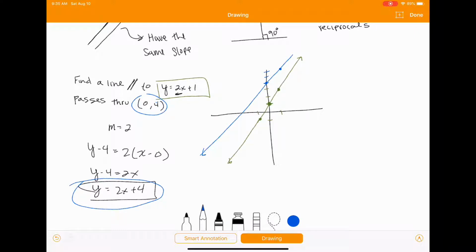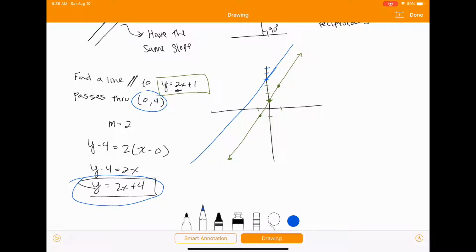So as you can see, if I could draw to scale, if I could draw straight lines, you would see that these are parallel. So they've got the same slope. And this line also passes through 0, 4, which was actually our y-intercept.